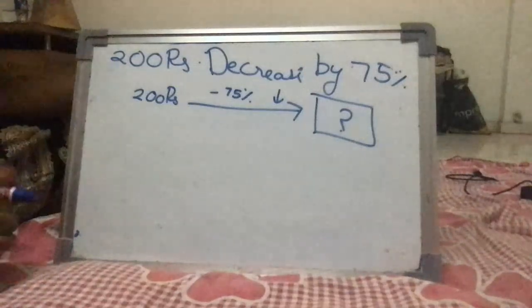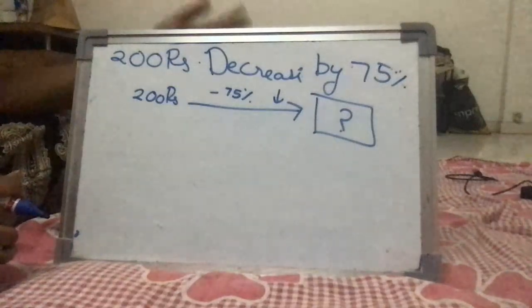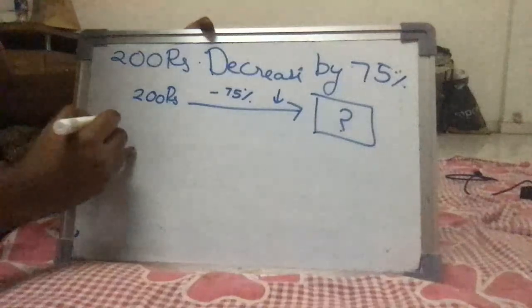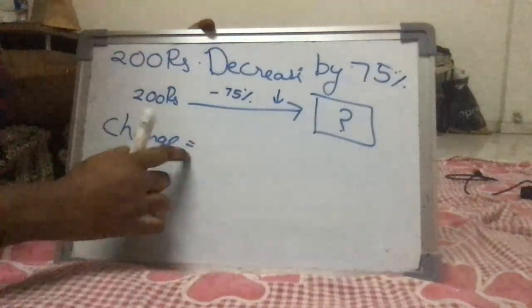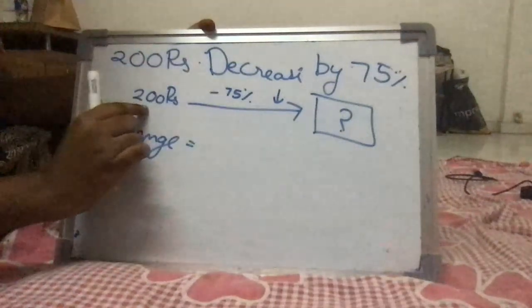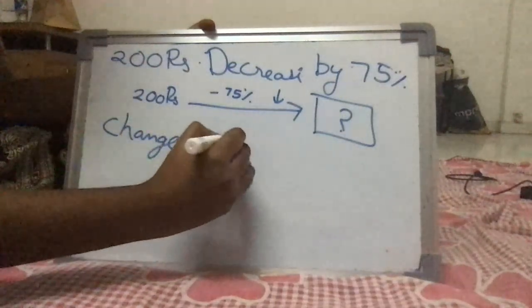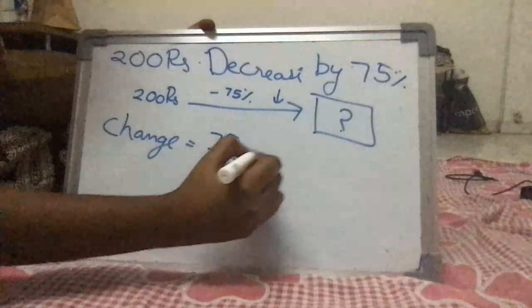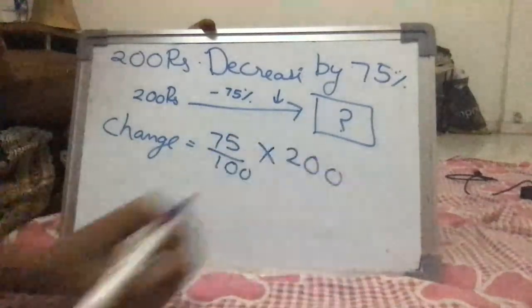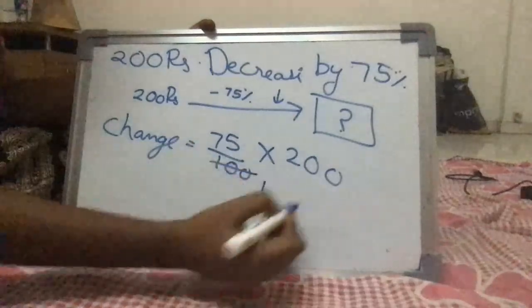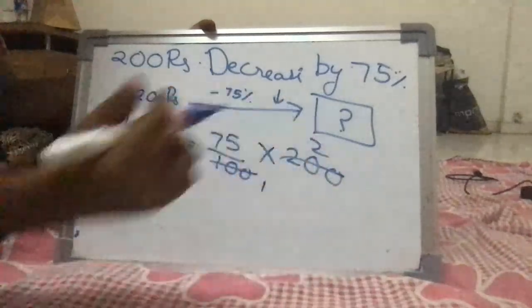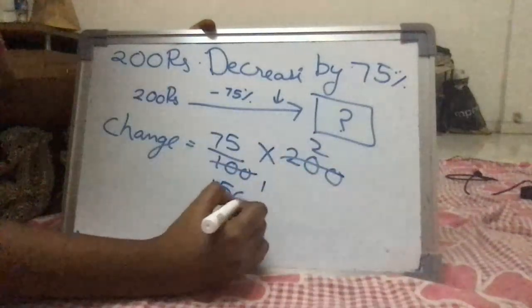Now, to find the final amount, I have to first find the change. This change is basically 75% of 200, that is 75 upon 100 into 200. I'm first trying to find 75% of 200. 100 ones, 100 twos, 75 twos is 150 rupees.